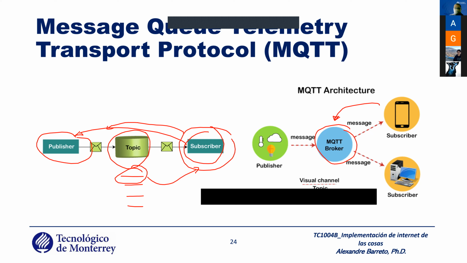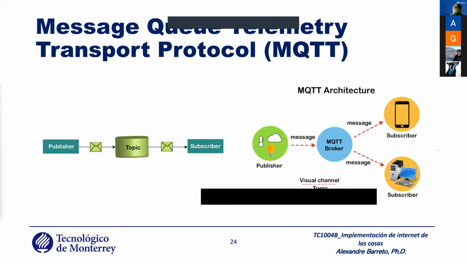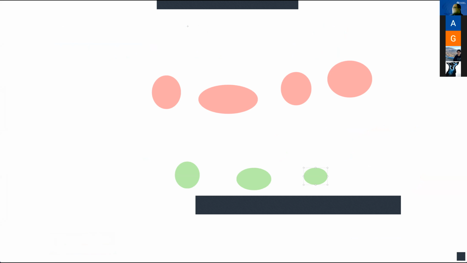The difference, if you didn't get it yet, is if you don't have the broker, you share... give me a second. Okay, think that the red one is the publisher and the green one is the subscriber.